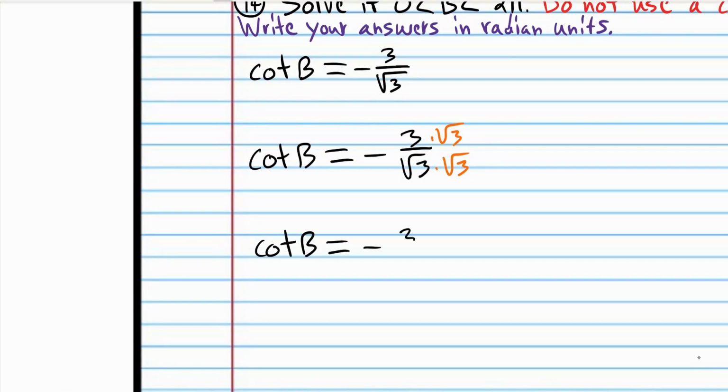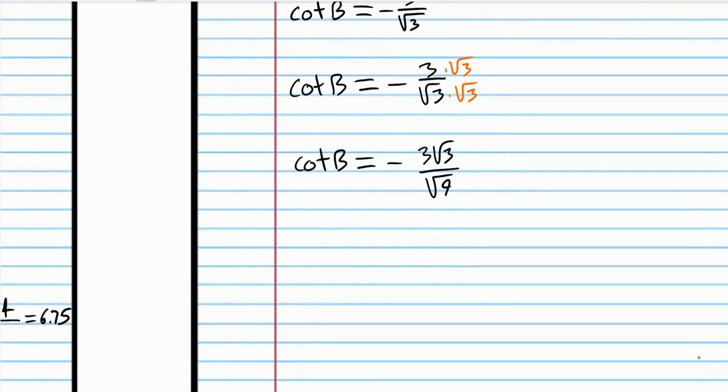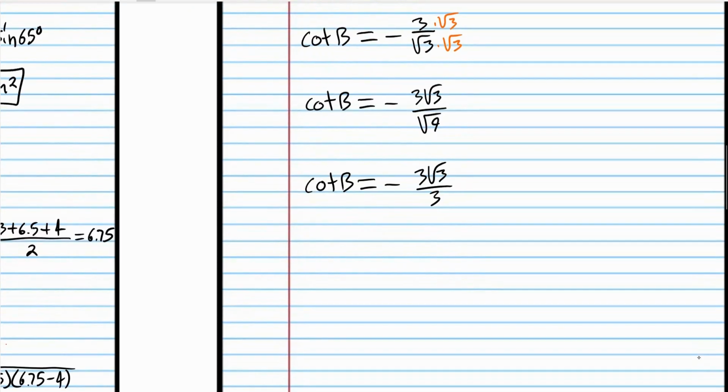So now we get 3 root 3 over root 9, and root 9 is 3, and you can see where this is going. So we have 3 root 3 over 3, and that reduces to root 3. Now this is a ratio that we recognize.